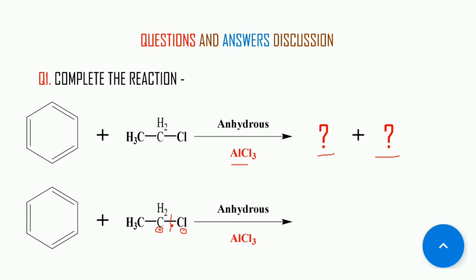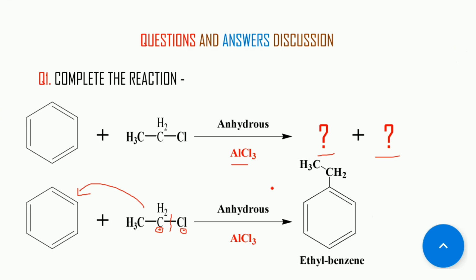And this electrophile attaches to our benzene. So our desirable product is like this. Here it is, our ethylbenzene along with HCl, and finally we get AlCl₃ back, as it is the same, because it's a catalyst. Understood?